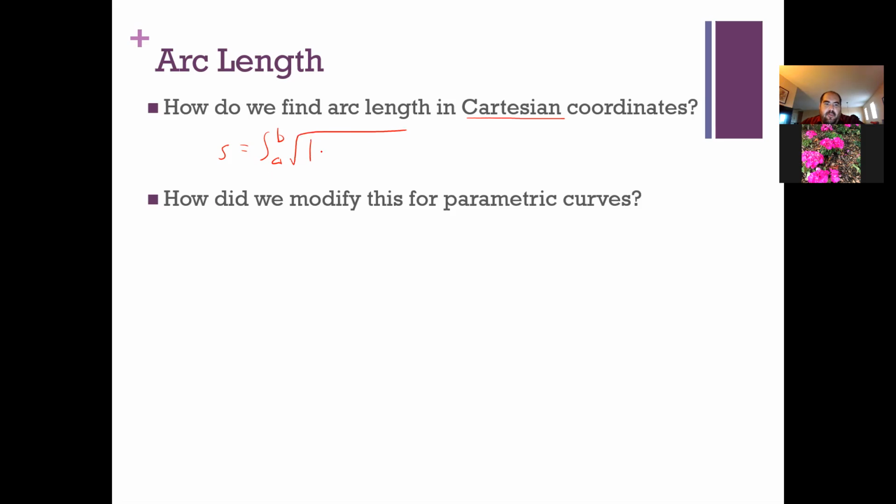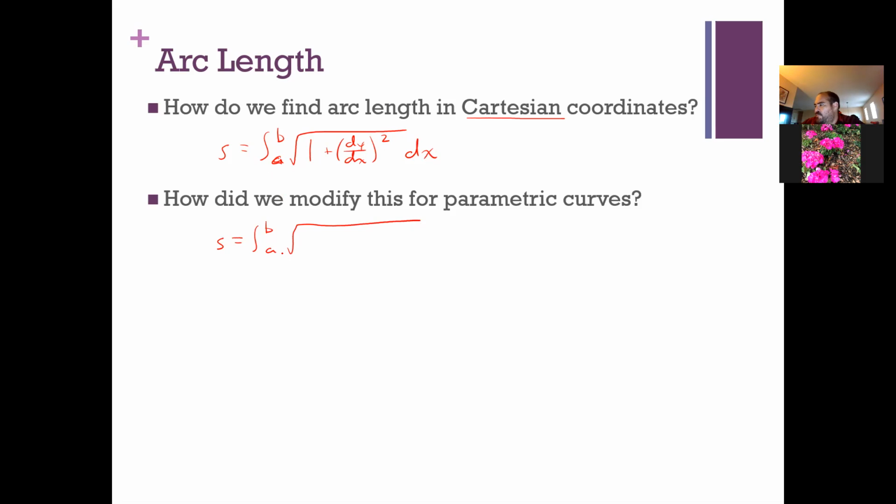So hopefully this looks familiar when I write it down. This is typically what we've done in Cartesian coordinates. So for parametric curves, what modification did we make? I mean, obviously it was similar, but we did this last night, right?